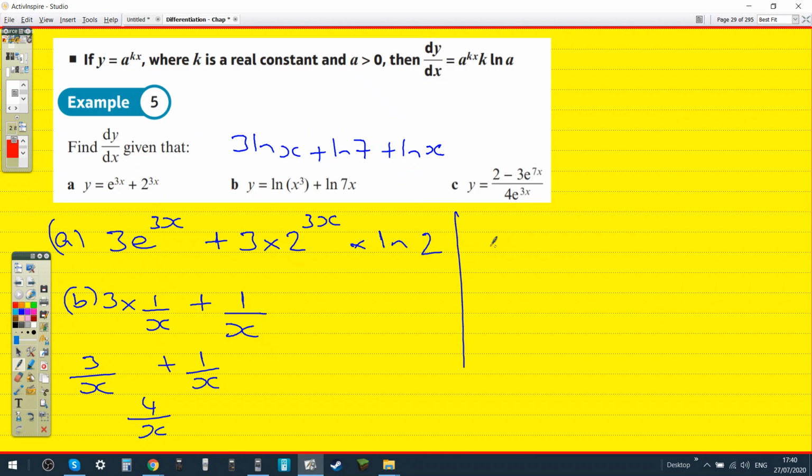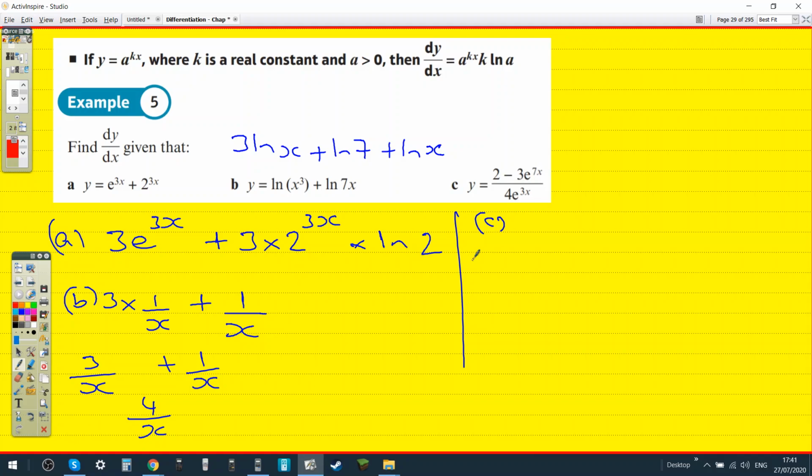Okay, C. Do product rule for part C. Quotient rule? Yeah, I meant that. So you do, well, one of them would just be 0.